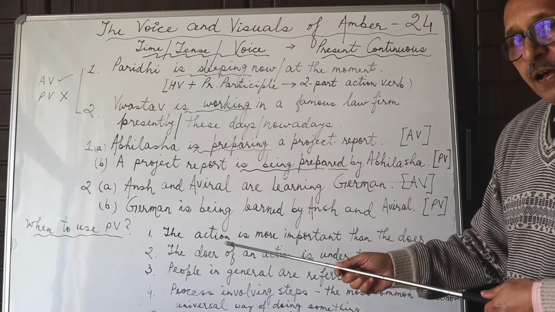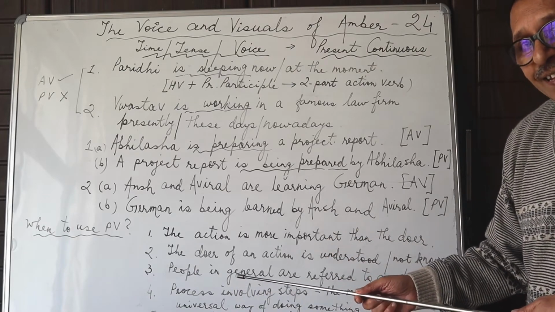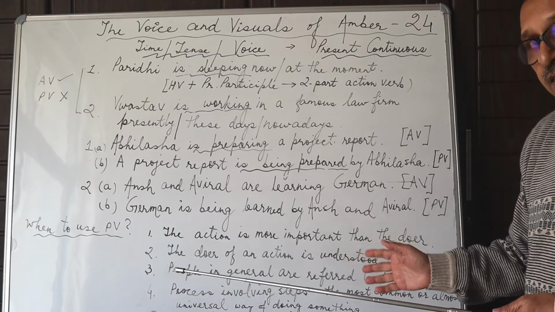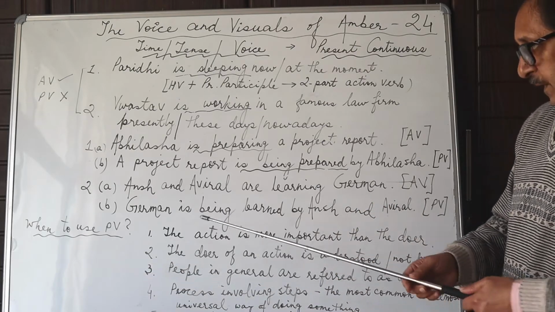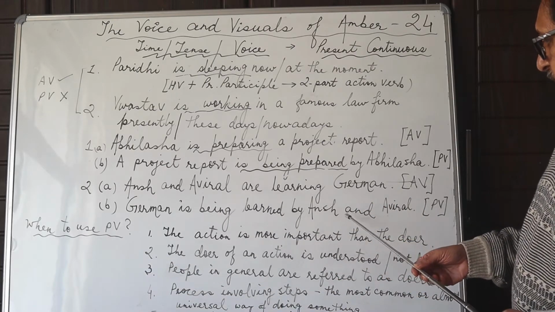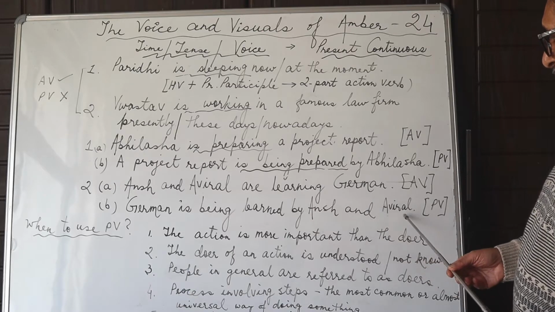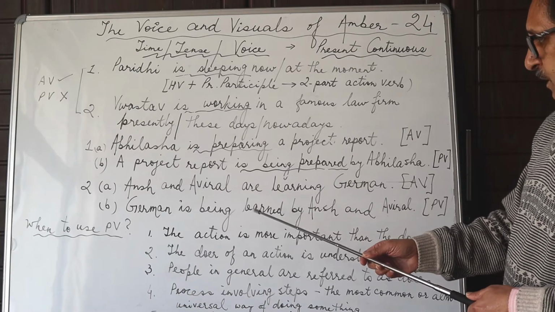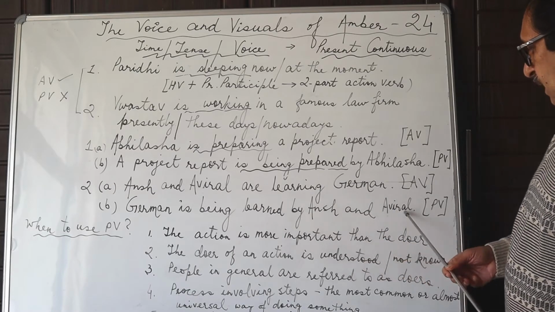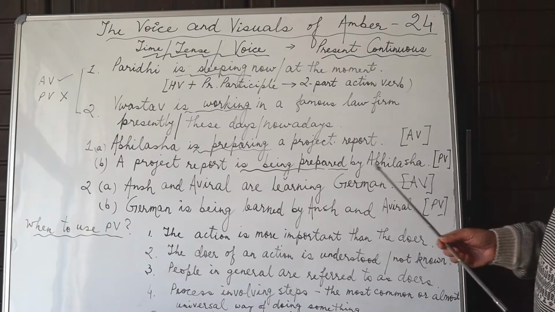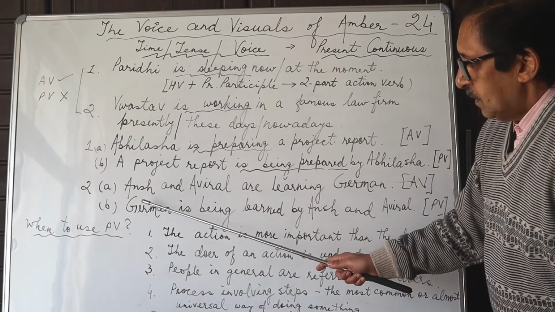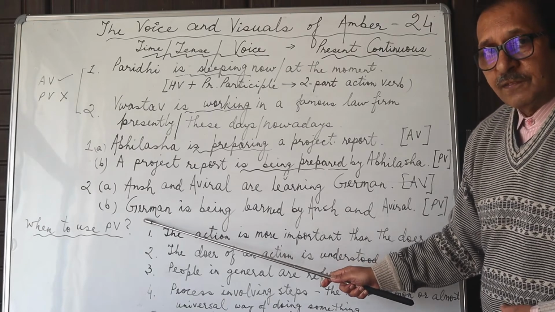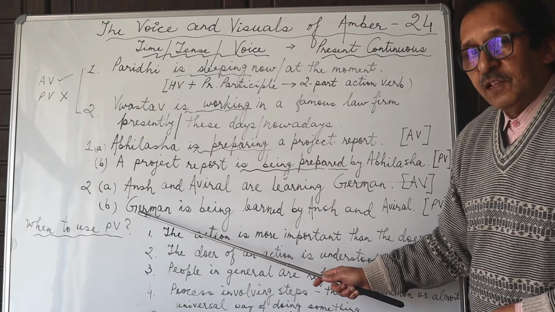So are learning therefore is a transitive verb over here. So we can have a passive voice construction of the same sentence without changing its meaning. German is being learned by Ansh and Aviral. So in the passive voice, the subject does not remain the doer.